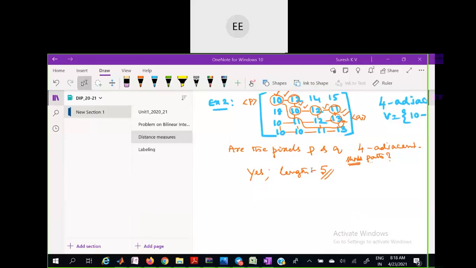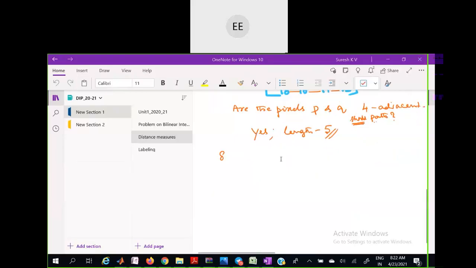Now let us take 8 connectivity. I think there is a problem. Okay, give me a minute. I'll just close this and then again come back. Just give me a minute. Okay, I think I still could not solve it, but let us not waste our time. I'll just try to manage today. By next class, I'll adjust it. Let us not waste time.